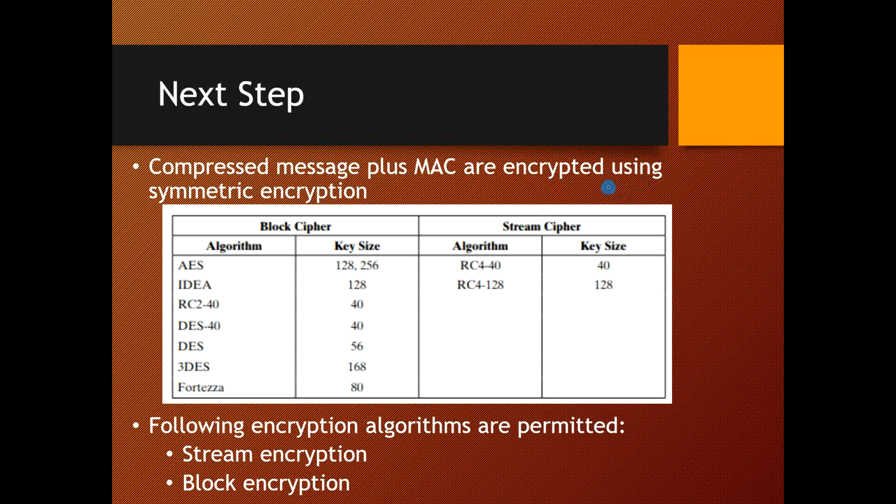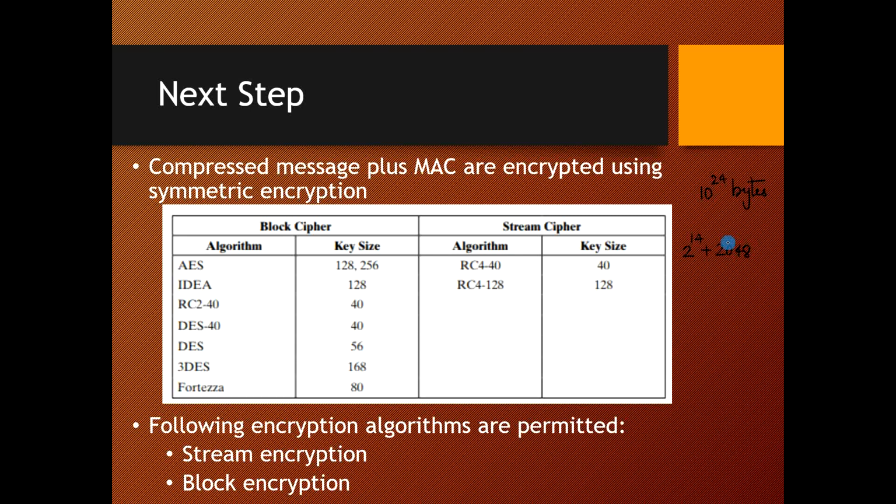Now here encryption is done using symmetric encryption, and it may not increase the content length by more than 1024 bytes. So the total length of this particular message should not exceed 2 to the power 14 plus 2048.